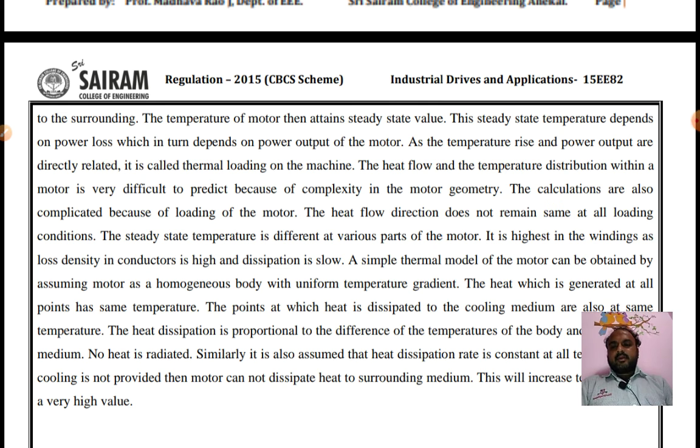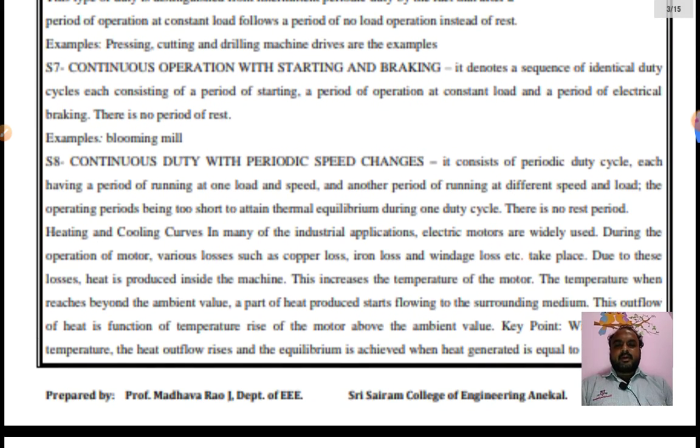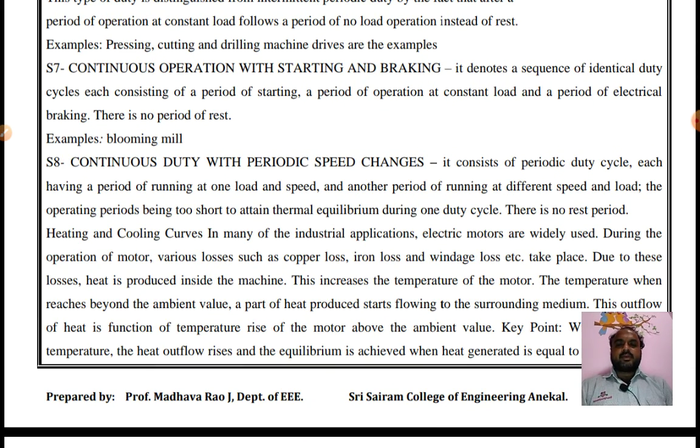There we use this type of continuous duty with periodic speed changes. The best examples are trolleys and trains. The speed changes at every time. That's why this type of drive is called continuous duty with periodic speed changes.